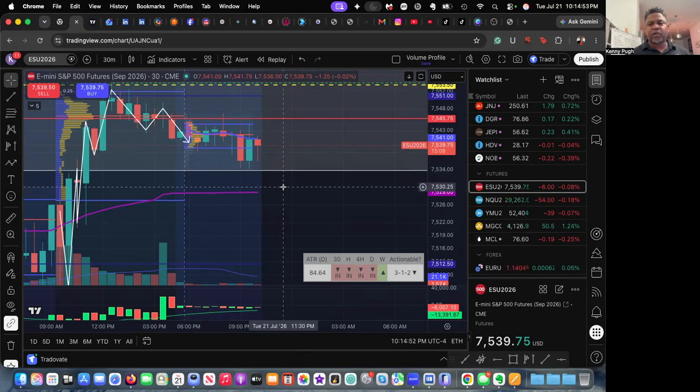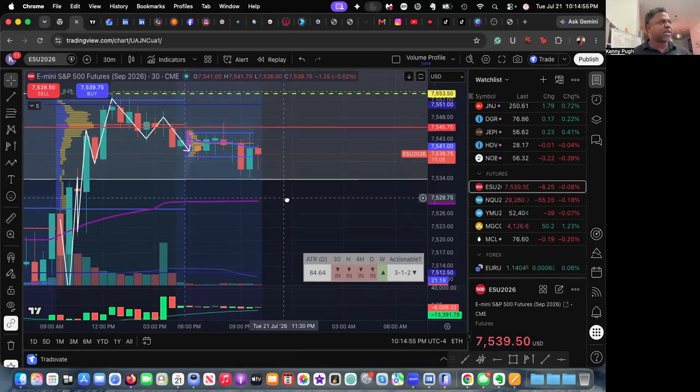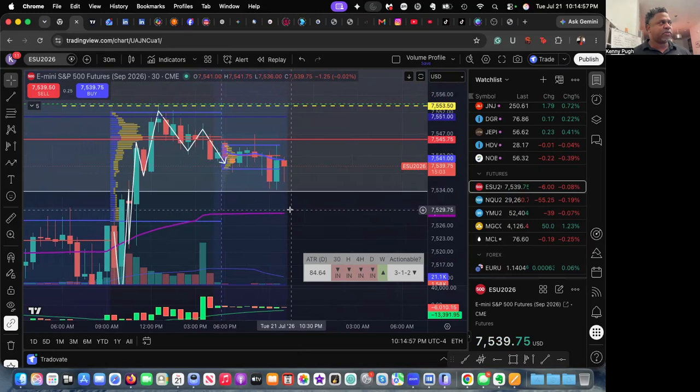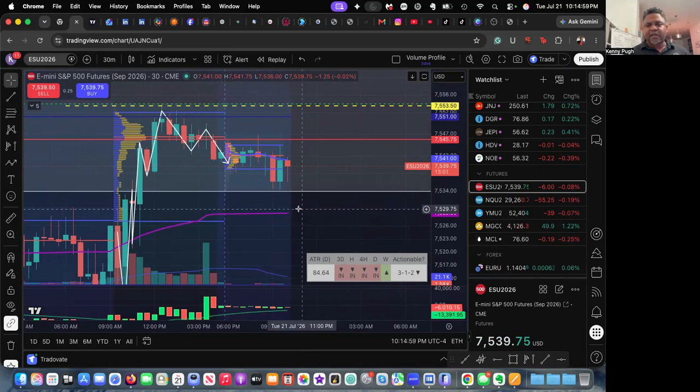Hope this has been helpful for you, and these levels actually hold, which is another reason why I'm very confident in the system that I've been trading for a couple years now.